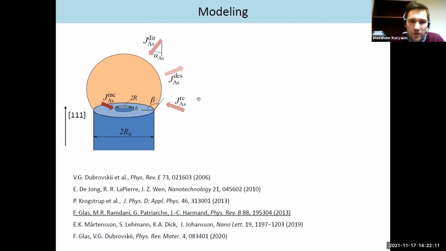We consider in our model the material balance equation for arsenic and don't consider the material balance equation for gallium, because we consider only steady state growth.